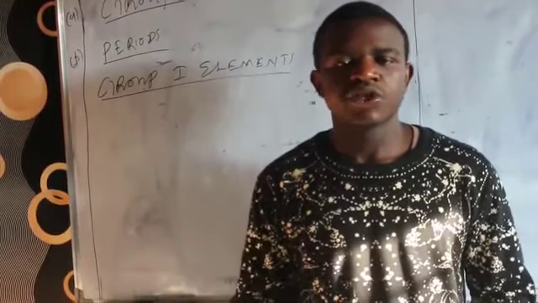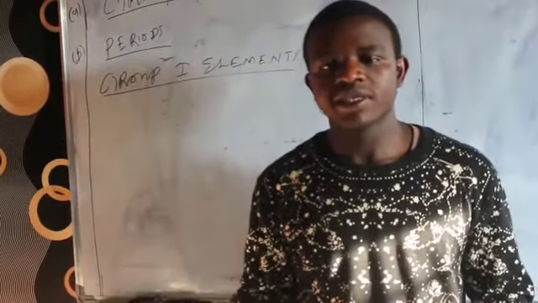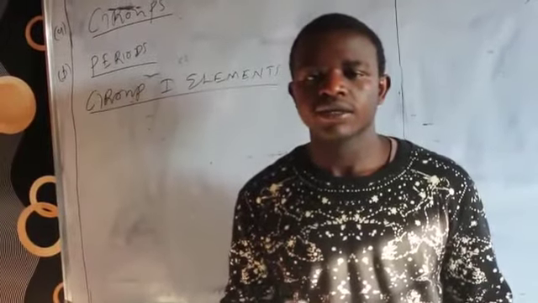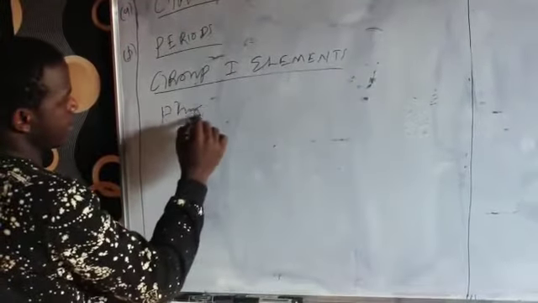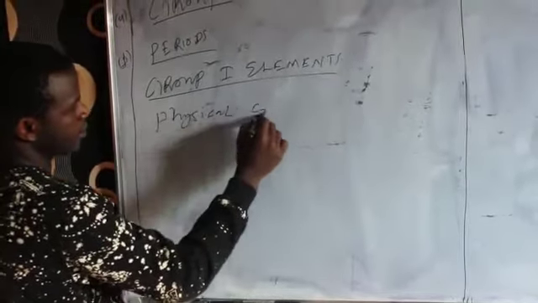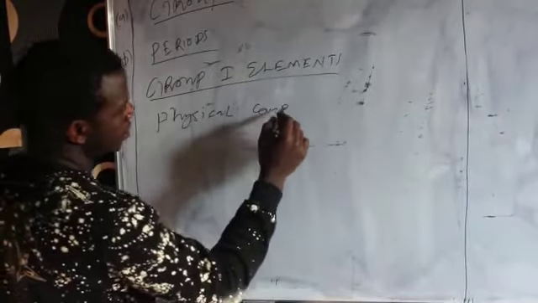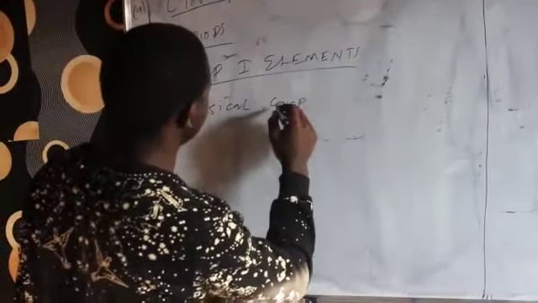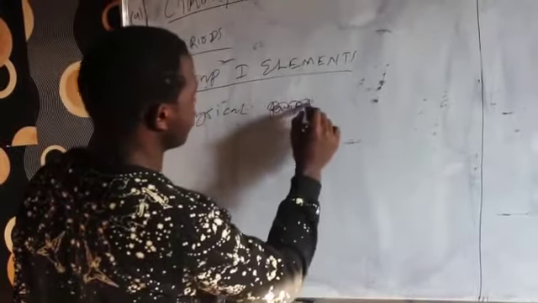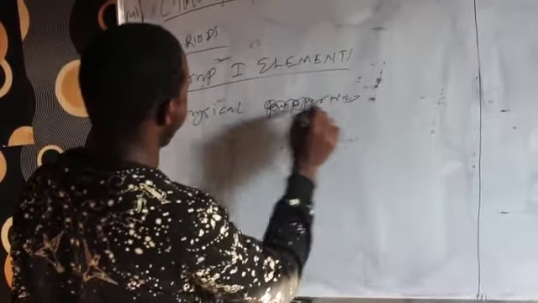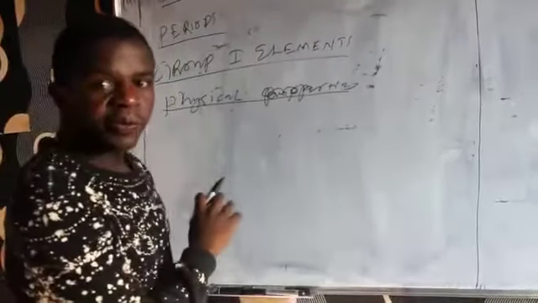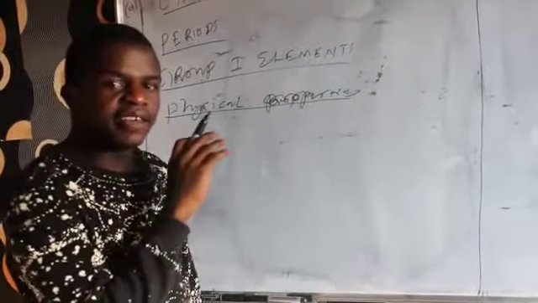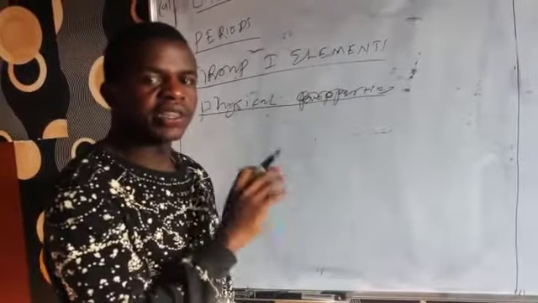The next thing that we're going to talk about are the physical properties of the group 1 elements. The first physical property is that they can be freshly cut with a knife.